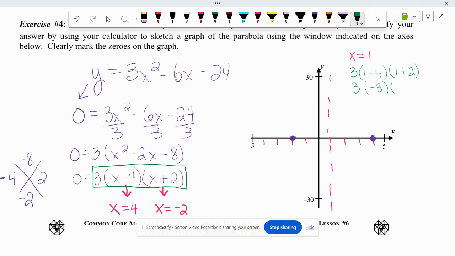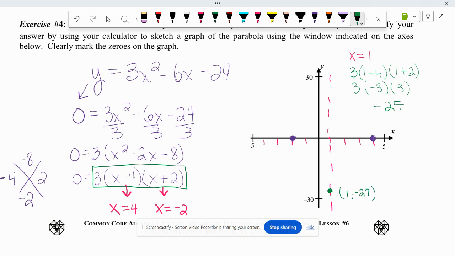And what's 1 plus 2? 1 plus 2 is 3. What is 3 times -3 times 3? 3 times 3 times 3 with a negative. Yeah, it's -27. So this is my vertex at the ordered pair 1, -27.